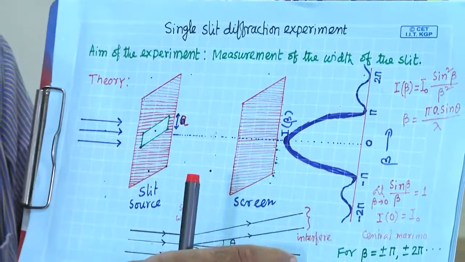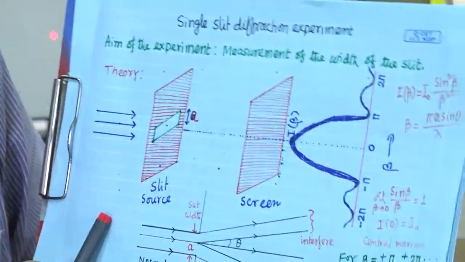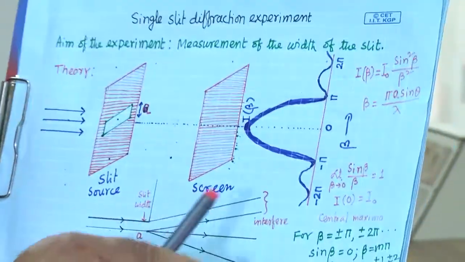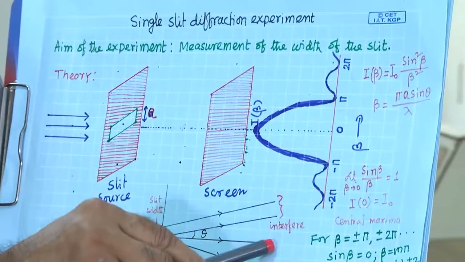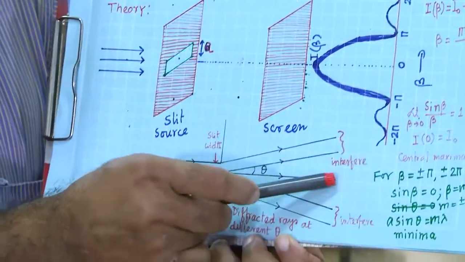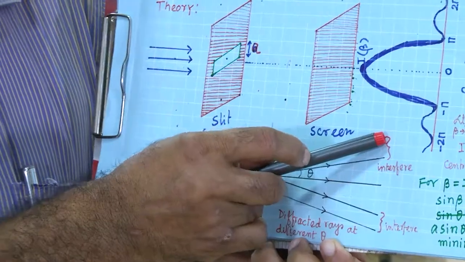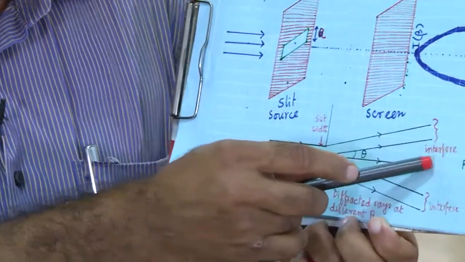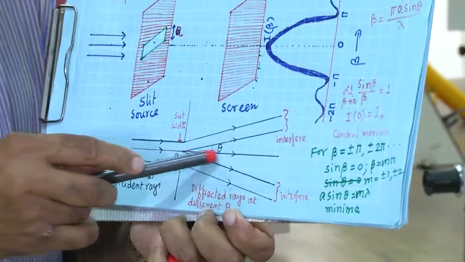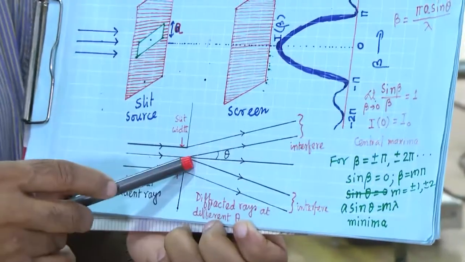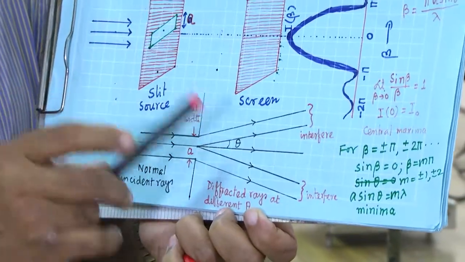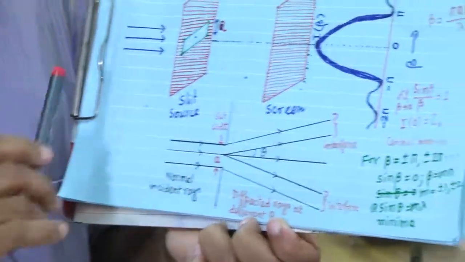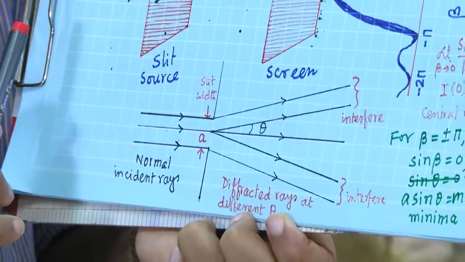So, this distance from the center, that is x minus x0, divided by this distance between screen and slit, capital D, that will be sin theta. Okay.